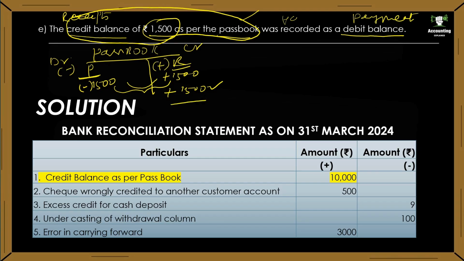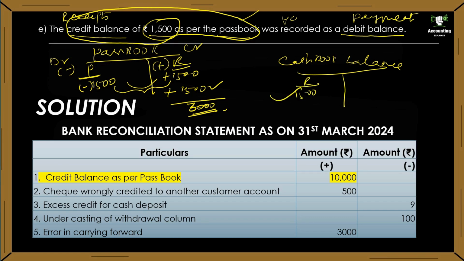So in total we have to take 3000 to get the cash book balance correctly, because in the cash book we would have recorded on the receipt side 1500 correctly. So see point number 5 in the BRS: error in carrying forward under the additions column, rupees 3000.